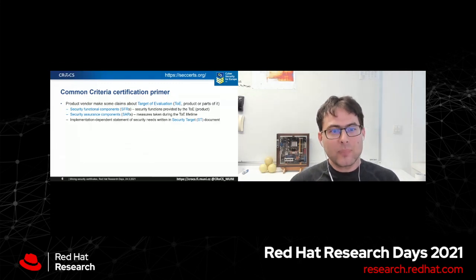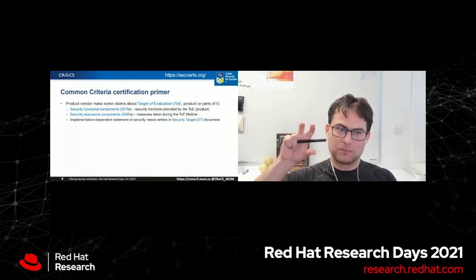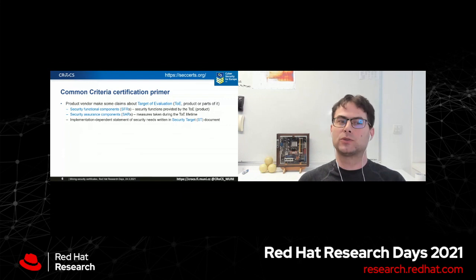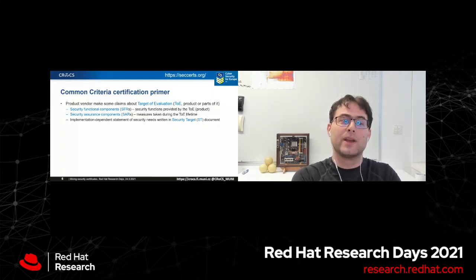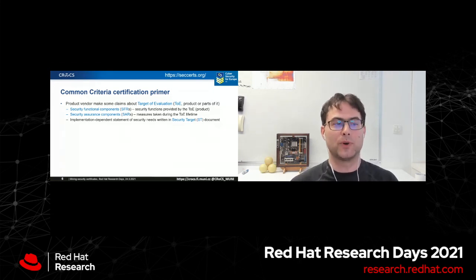These claims are basically what this part of the product can do with respect to security functionality, called security functional components, SFRs, and what measures were taken during the whole target of evaluation lifetime, so when it was developed, when it's maintained later on, and so on. This is called security assurance components. Everything is written into the security target document, and this document is publicly available.